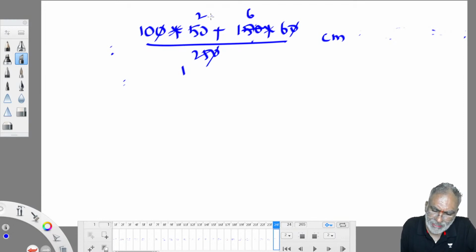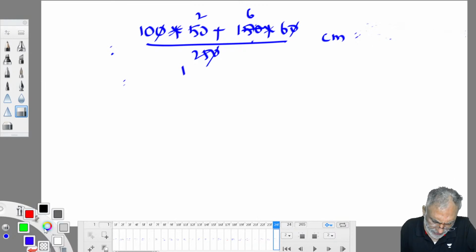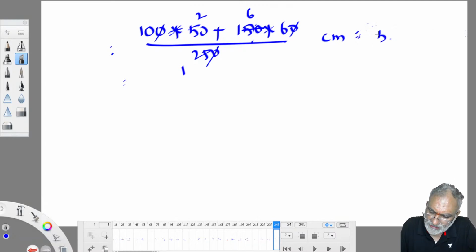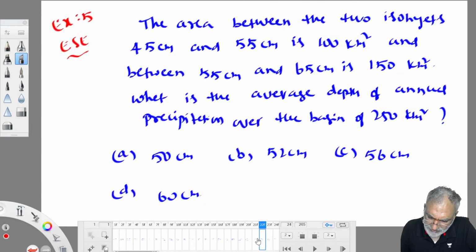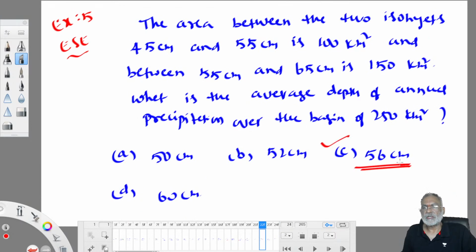So now 10 into 20 plus 6 into 36. 10 into 20, it is 20, plus 36. So it is 56 centimeters. That's where you can work out straight away without calculator. 56 centimeters, that was the answer for this question. Let us see whether 56 is there in the given options or not. Yes. So this is the answer for that question.